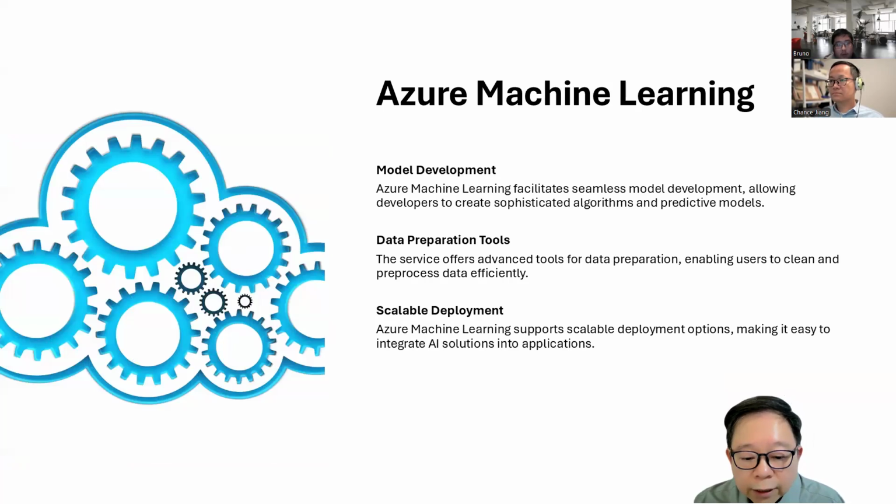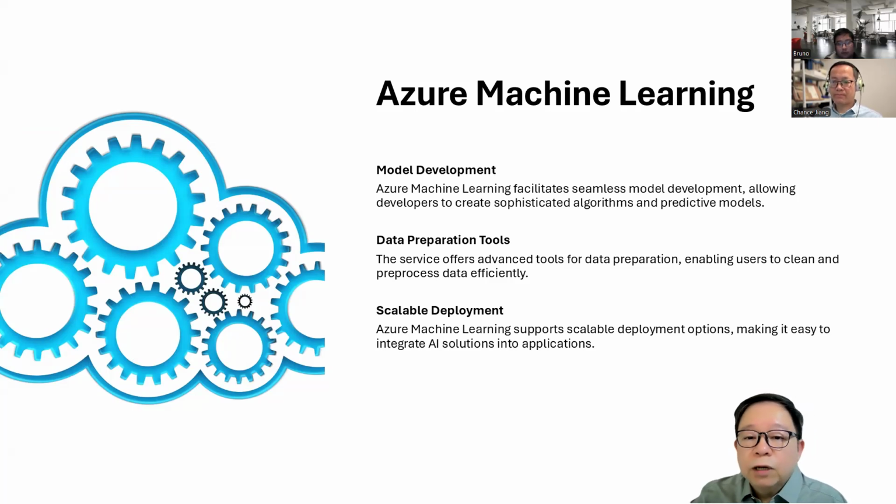So we want to look at machine learning, right? Machine learning actually has two portions. One is the model development, right? If you look at the Azure machine learning capability, it can facilitate the model development. It allows developers to create sophisticated algorithms and predictive models.